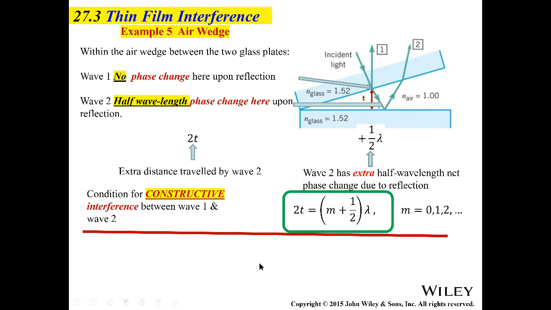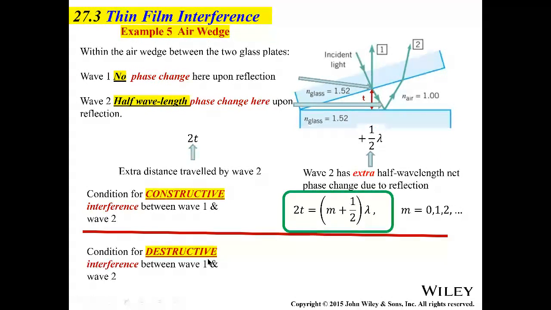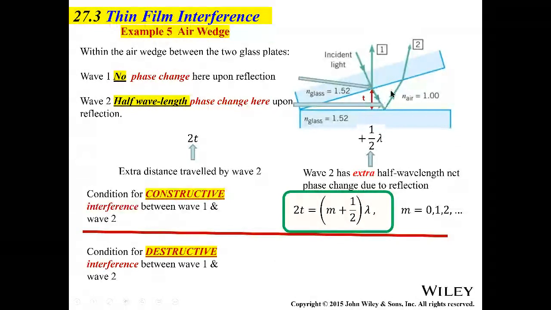And the condition for destructive interference is when you actually went an integral multiple of the wavelength, and yet when you came out, you got killed. Why? Because when I got reflected, I myself had a 180-degree phase change, and one says, oh, you killed me. So for destructive interference, it is 2t equals m lambda.